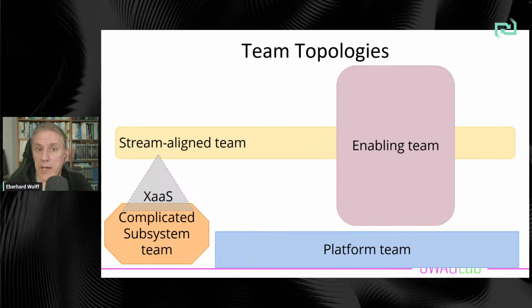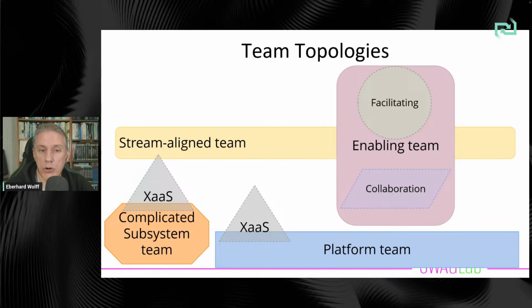And this is X as a service. There's probably not a lot of communication. This might also be what the platform team provides. Maybe then it's a website where we say, okay, we want to have a Kubernetes cluster that we can then use. Enabling teams, well, they do facilitation, so they provide some knowledge, support with, I don't know, domain-driven design if they are an architect team with specific architecture problems.